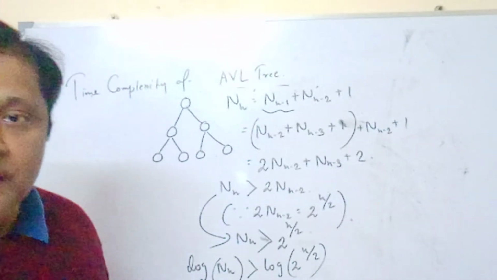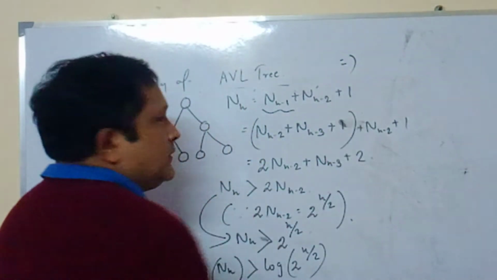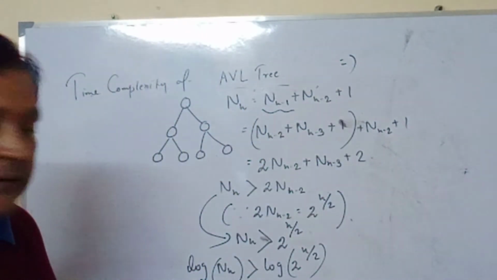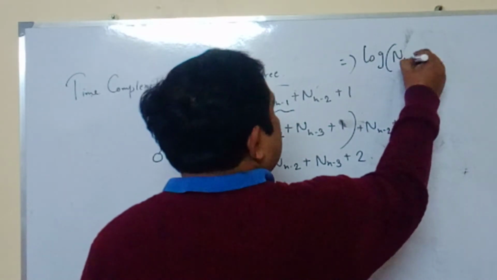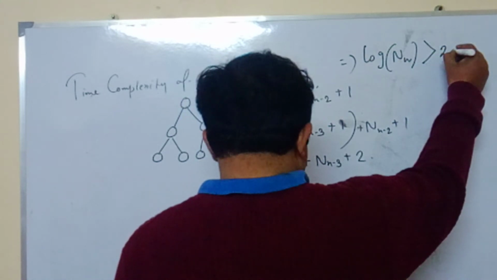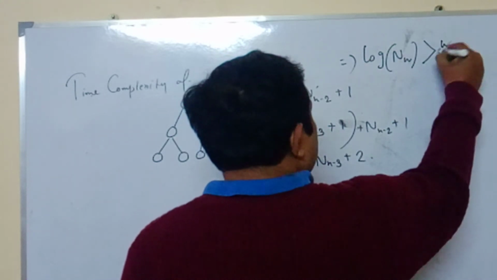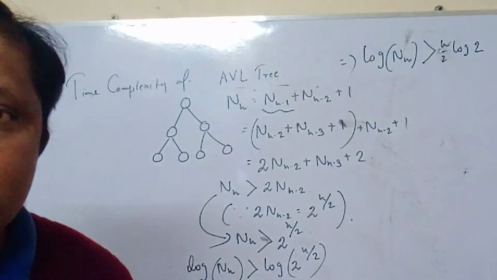So from here, log n h is greater than h by 2 into log 2.